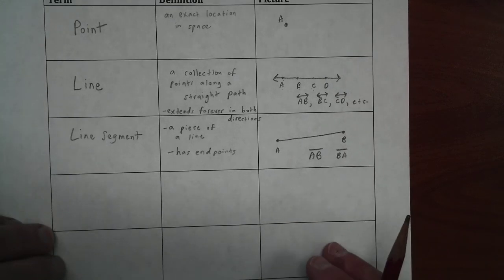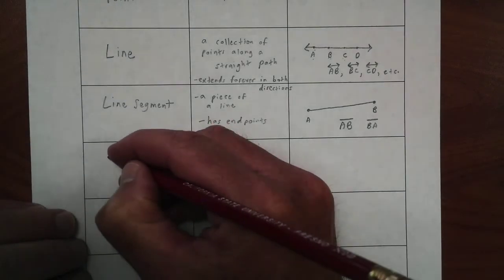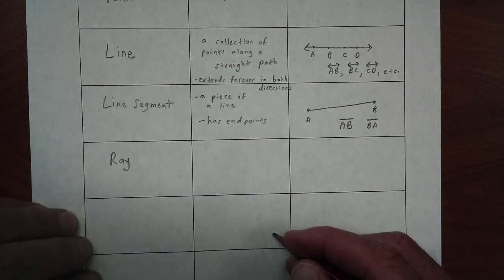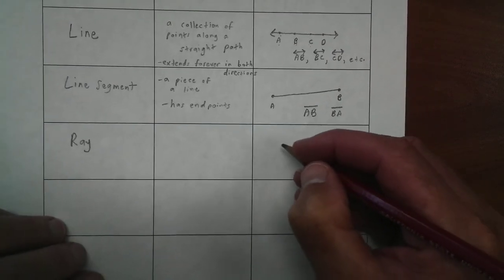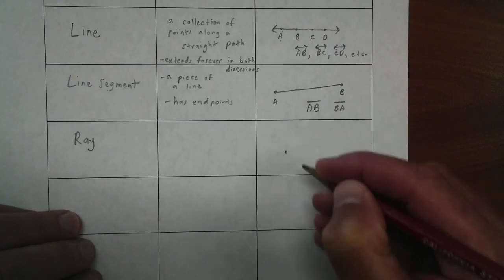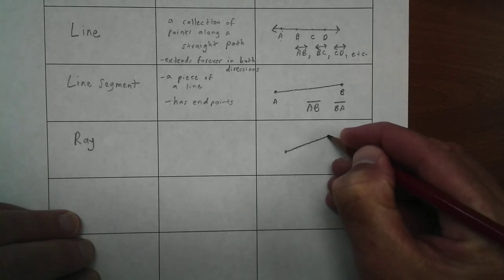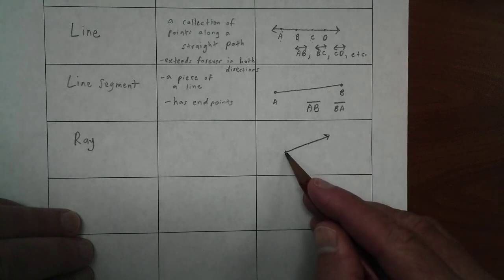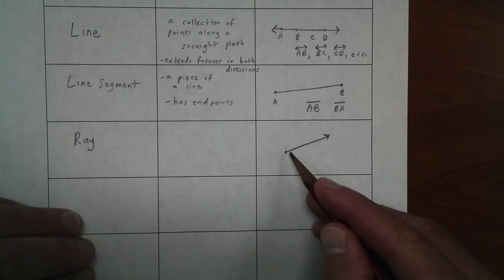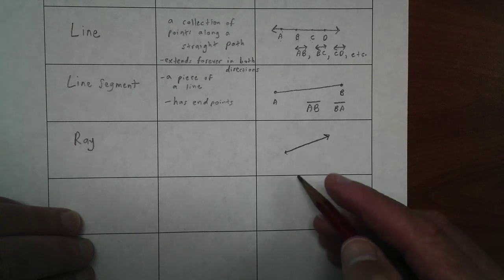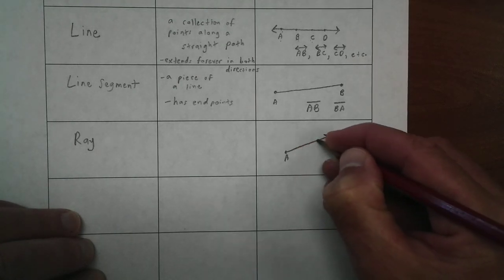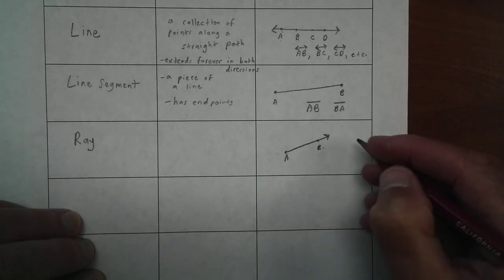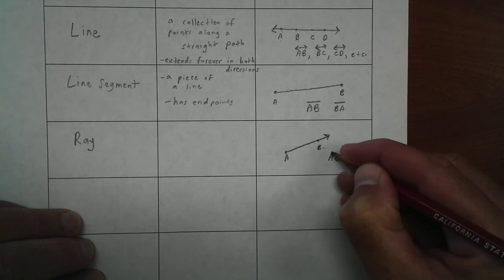Now there's other things that look like lines or line segments, and one of them is called a ray. A ray looks like this. I'll draw the picture first. Starts at a point and goes in one direction. Notice there's not 2 endpoints and there's not 2 arrows. There's a point and 1 arrow. So if we put this as an A and put another point on there, B. Sorry, that's supposed to be a letter B. We could call this ray AB.